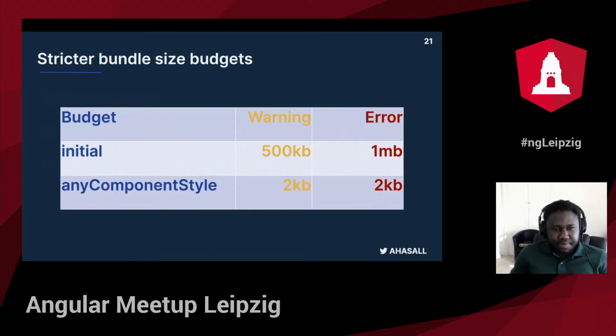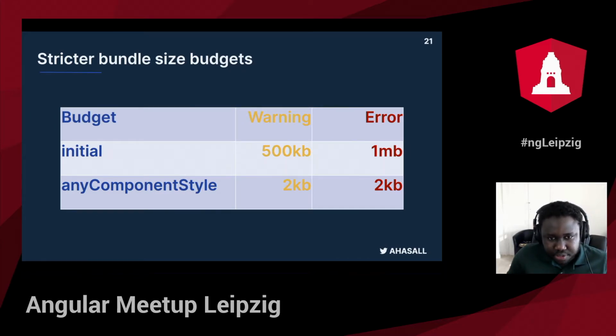The third aspect of strict mode is stricter bundle sizes. So in v12 and in strict mode, the bundle size budgets have been reduced by, I think, 75%. So now your main bundle should be less than 500 kilobytes.